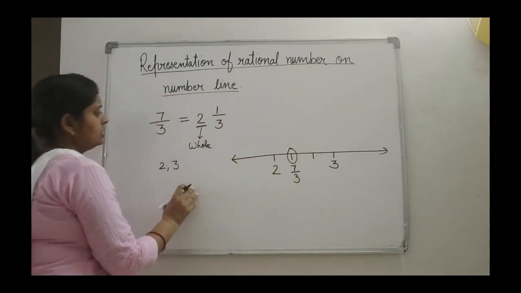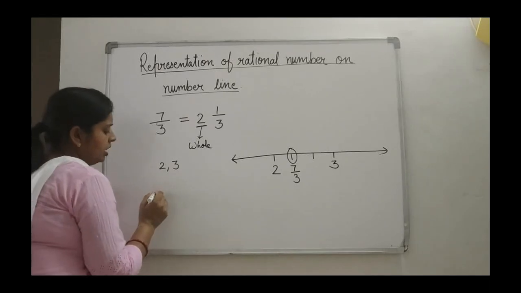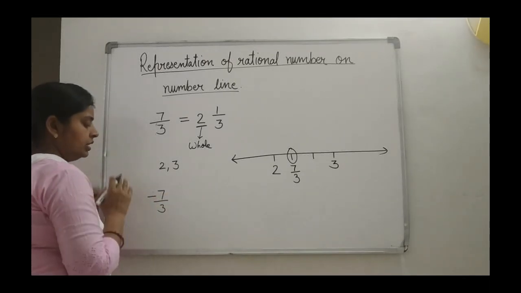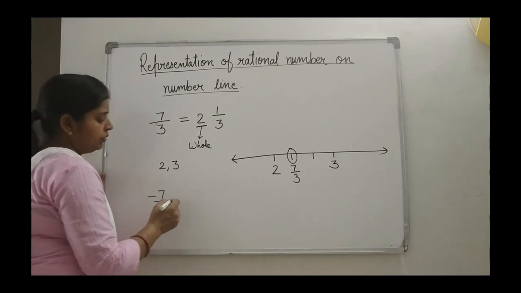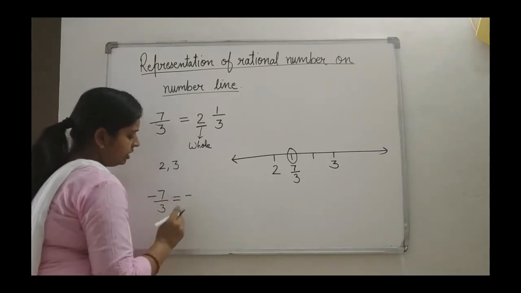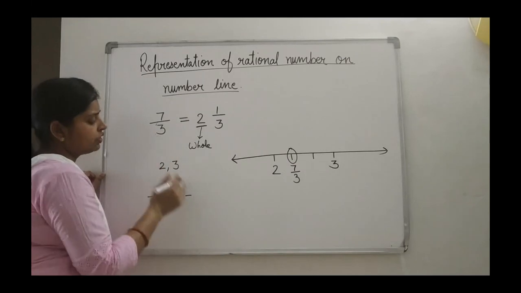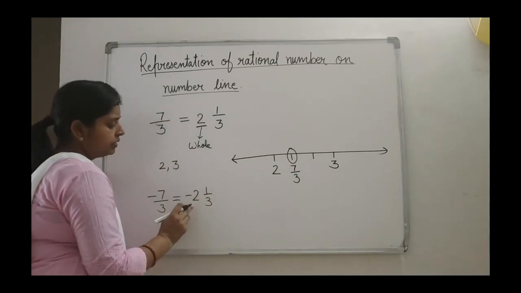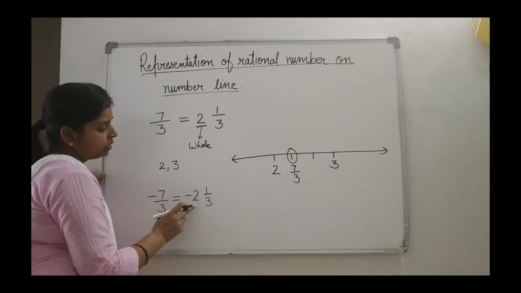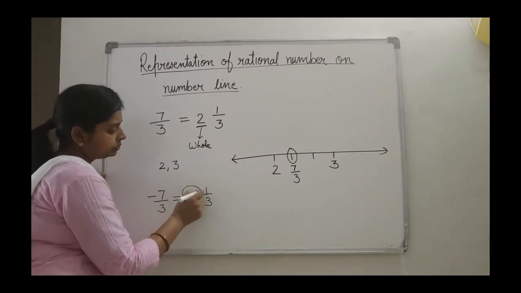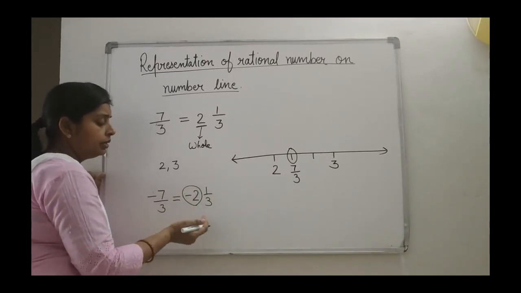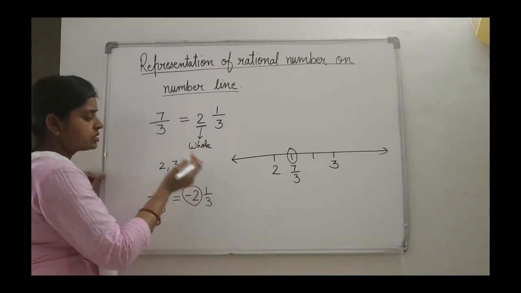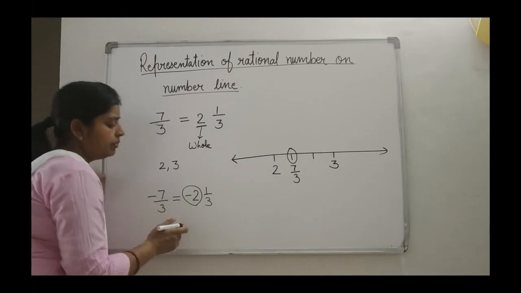If the number given, in place of 7 upon 3, is minus 7 upon 3, then what will the process be? The minus sign will be there, and 7 upon 3 in mixed form will again be 2 1 by 3. Here also we see the whole part, which is minus 2. Because this is a negative rational number, just before minus 2 comes minus 3.